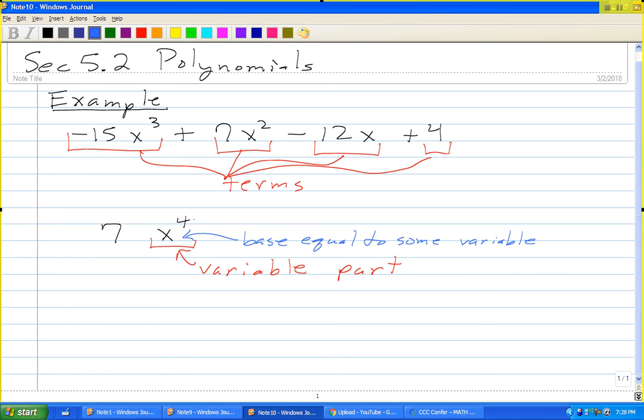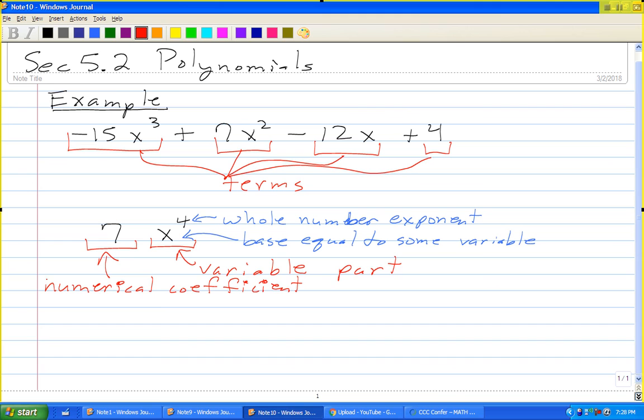And this variable will be to some whole number exponent. And then the other part of this that you're multiplying is your numerical coefficient, which just consists of some number.